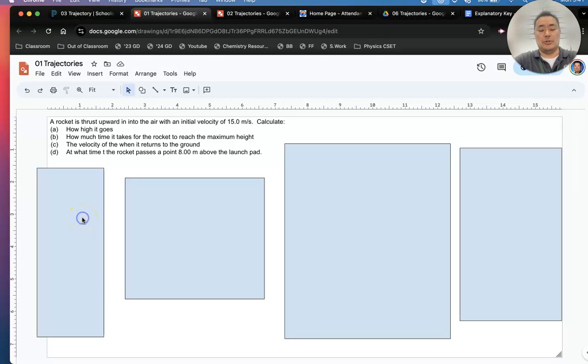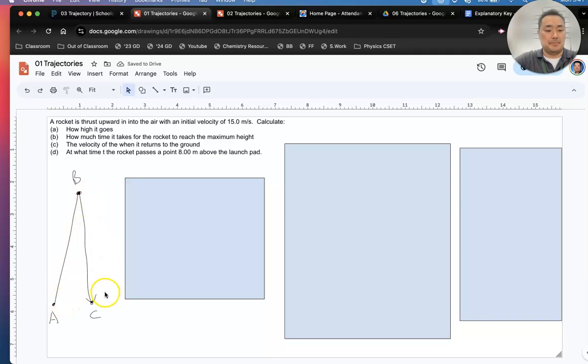So first we need to draw the trajectory as a body diagram.